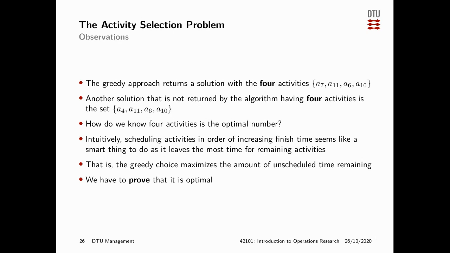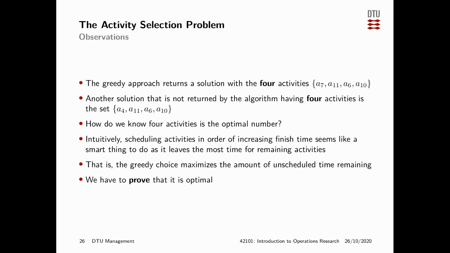But how do we know that 4 is the optimal number in this case? Well, intuitively, it seems like a smart thing to do, right? If I consider them in order of increasing finish time, then I'm leaving the most time for the remaining activities. So the greedy choice will maximize the amount of unscheduled time remaining, but we still have to prove that it is optimal.